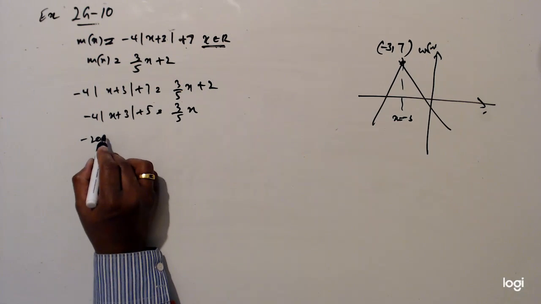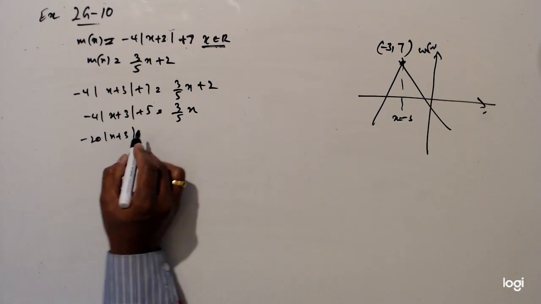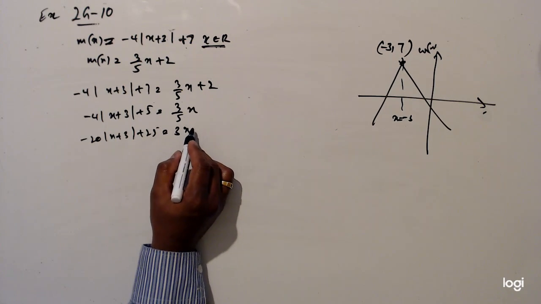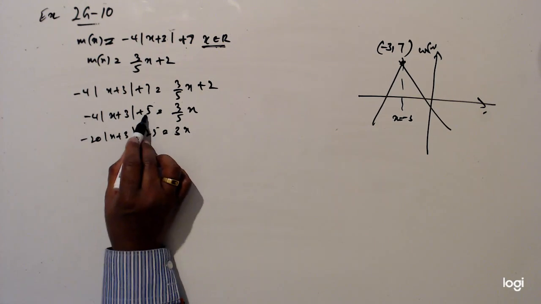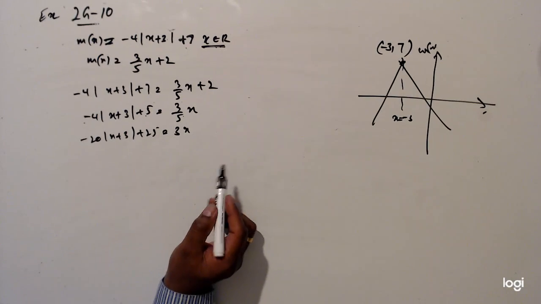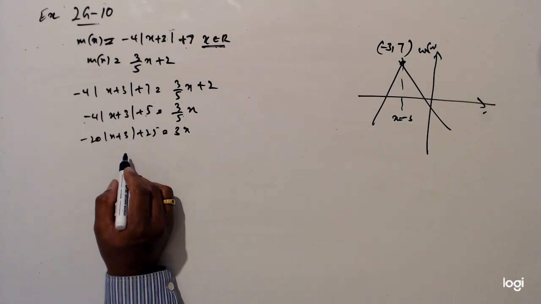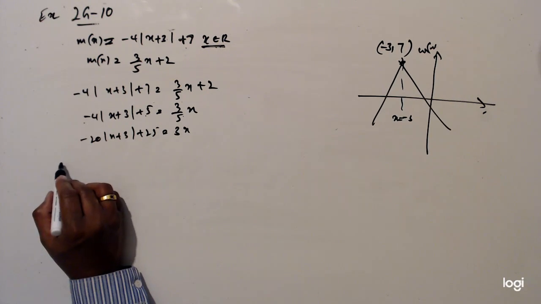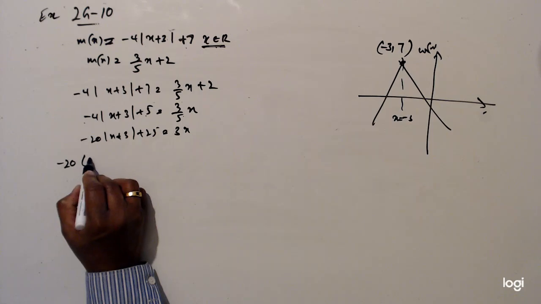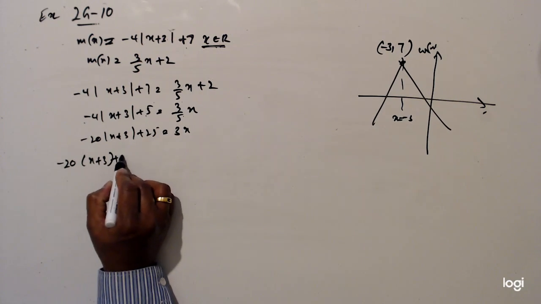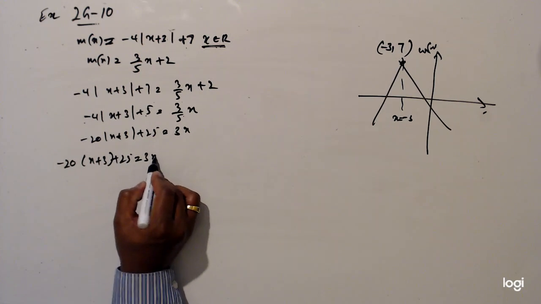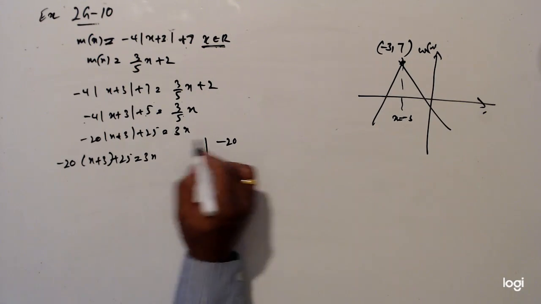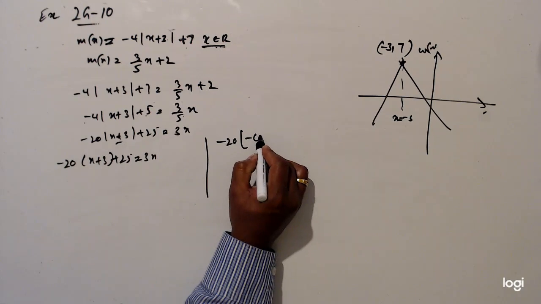So this is minus 20 |x plus 3| plus 25 equals 3x. Then two options we have. Minus 20 with the positive value. The other one is minus 20 with the negative value.